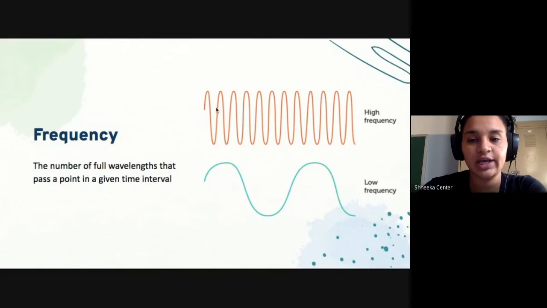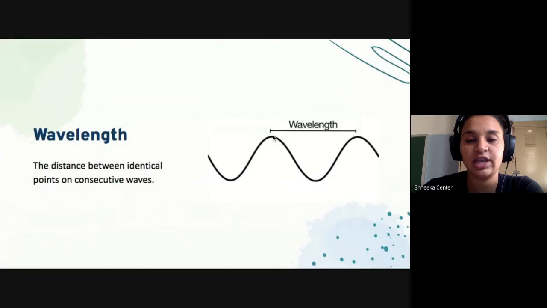Frequency is how many waves are passing through a given point in a given time. So high frequency is a lot of waves, low frequency is not a lot of waves. And then wavelength is the distance between the same point in consecutive waves. So we're looking at the top to measure the wavelength in this example. So the top of this wave compared to the top in that wave. That is the wavelength.